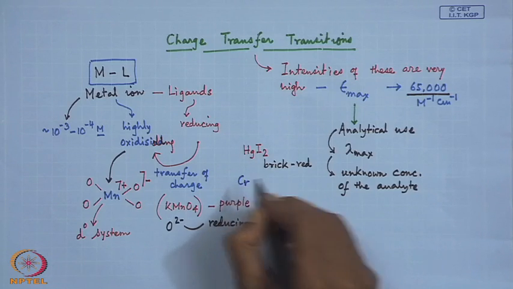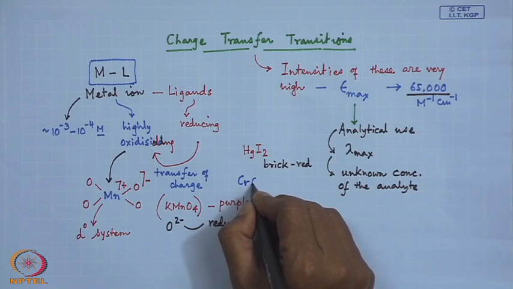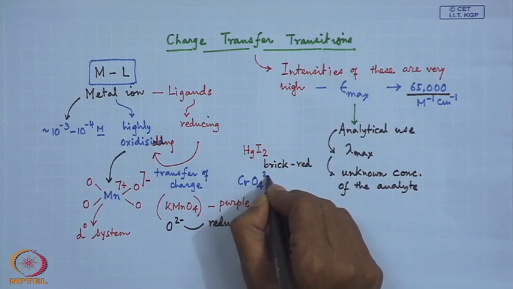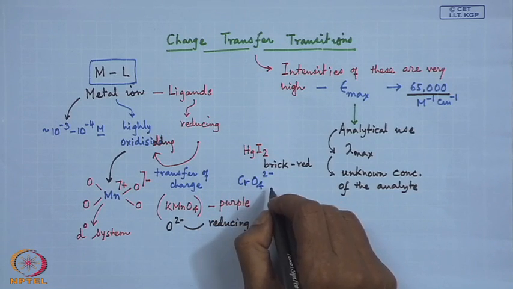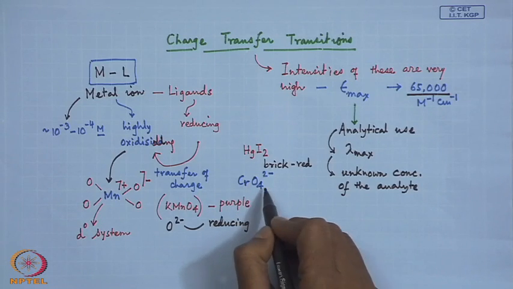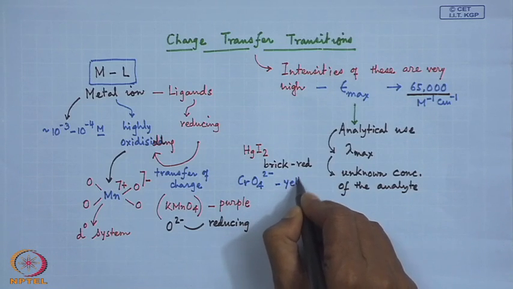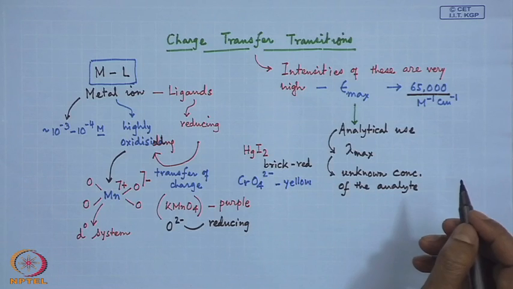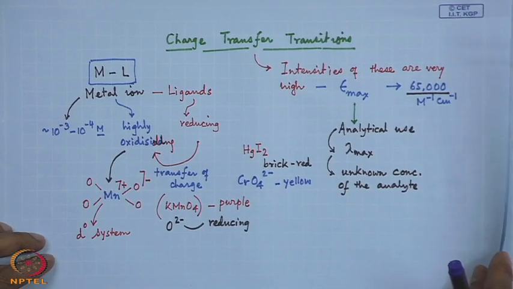Similarly, chromium in its +6 oxidation state, that means in chromate CrO4 2 minus, like potassium permanganate, is surrounded by oxygen atoms, and this is also yellow in color. So, we see that in all these cases the metal ions may not possess any d electron.